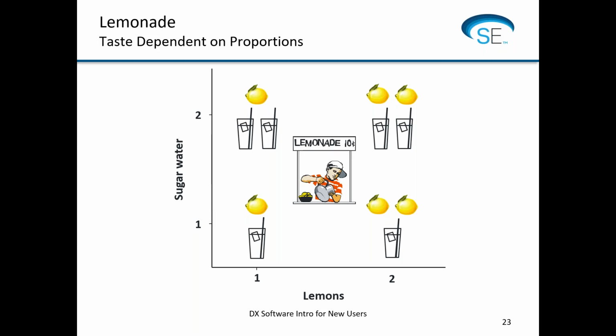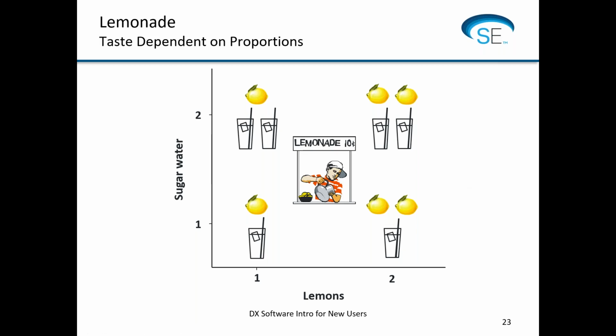In the lower right, we would have 2 lemons to 1 glass of sugar water. The upper left, 1 lemon to 2 glasses. Upper right, 2 to 2. But the problem we have here is the lower left and the upper right are actually the same formulation. It's the same run. It's just that I have more lemonade, okay?